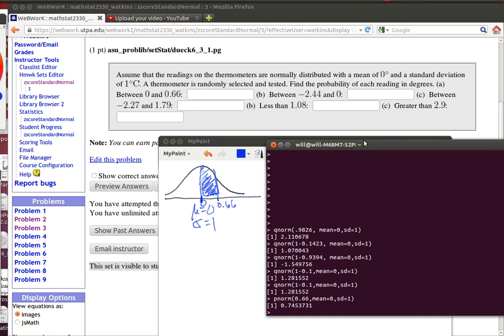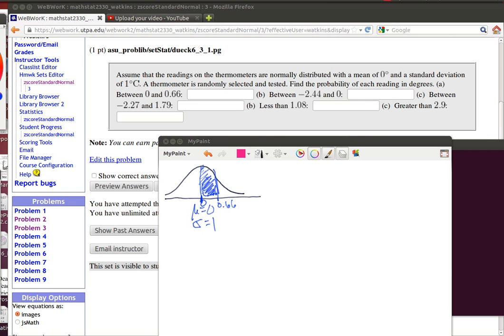I just want to calculate it here for a minute so that we can see what we're looking for. What that does find is this. It looks at this 0.66 and finds this entire area over here, which is too much. We need to have less than that.